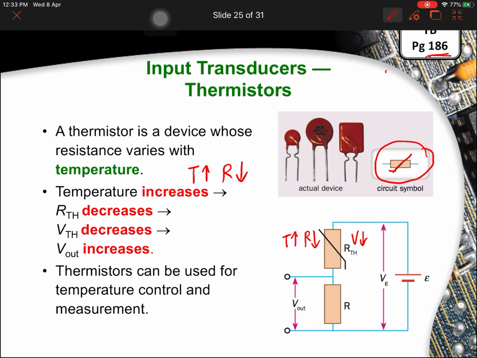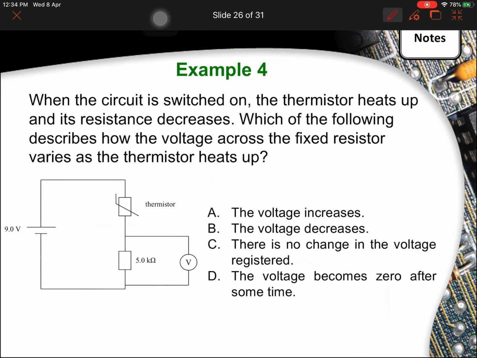When potential difference across the thermistor decreases, my V out will increase. All right. Now, by the way, your V out really depends on where you choose it to be. I can always choose my V out to be here, and if that's the case, then my V out will just decrease when my temperature increases. So it depends on where you choose your V out to be.